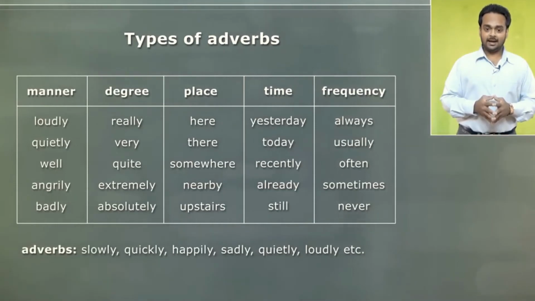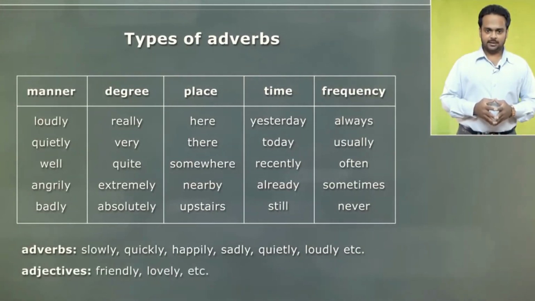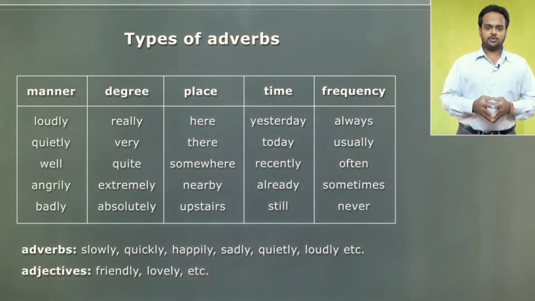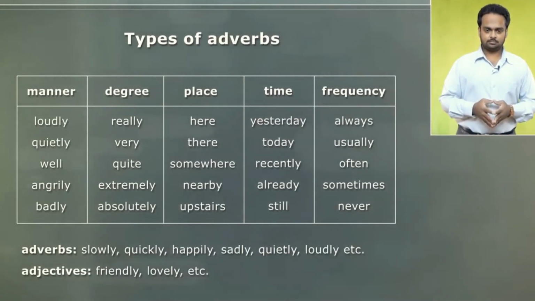Also, there are many adjectives that have this ending. Words like friendly, like she's a friendly person, or lovely, What a lovely bouquet. That's a bunch of flowers. These are adjectives and not adverbs. So remember, many adverbs don't end with ly, and some words that end with ly can be adjectives.